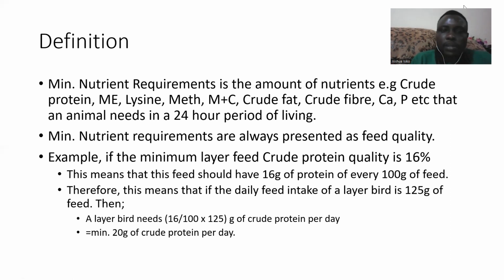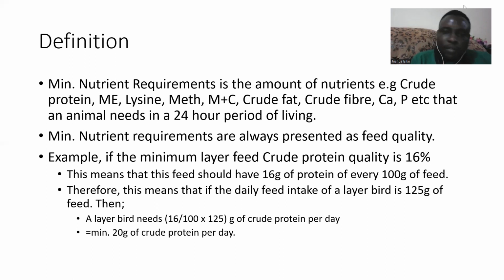The minimum nutrient requirement. What is it? In simplicity, it is the amount of nutrients, e.g., crude protein, metabolizable energy, methionine plus cysteine, crude fat, crude fiber, calcium, phosphorus, etc. that an animal needs in a 24-hour period of living.